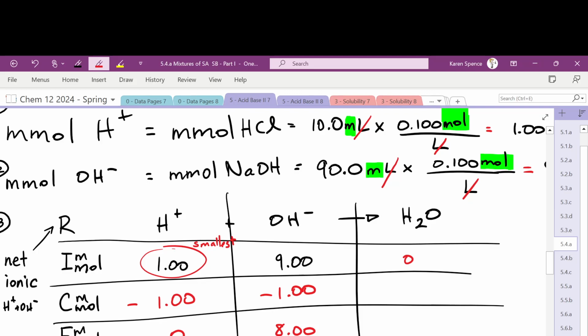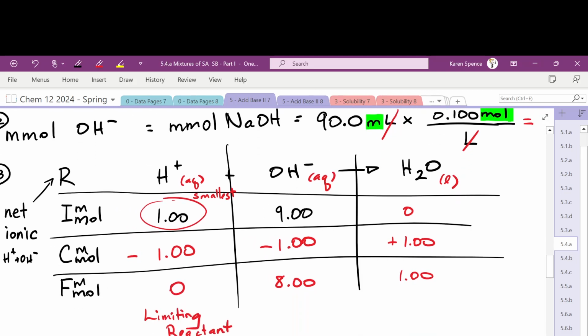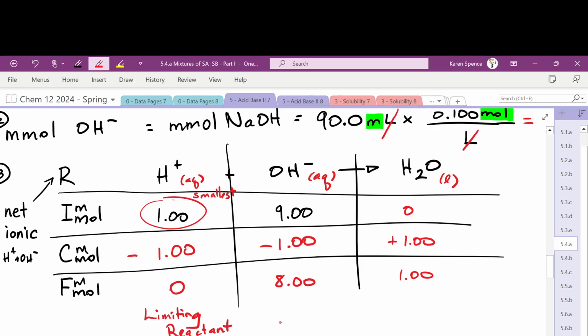It's just like your titration, everything's aqueous, okay? Everything acid base is all in solution. So this is aqueous, the water, of course, is liquid. We don't really have to write down water, but we could say it starts at 0, it goes up by 1, and you end up with 1 extra mole. Why am I saying 1 extra mole? Because there are so many waters anyway, because water is the solvent. Yes, water is the solvent.